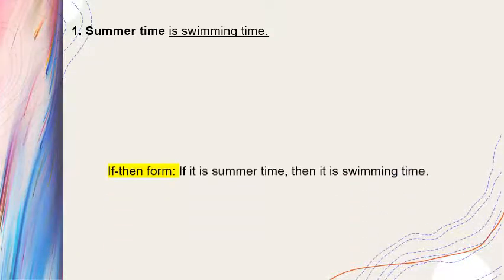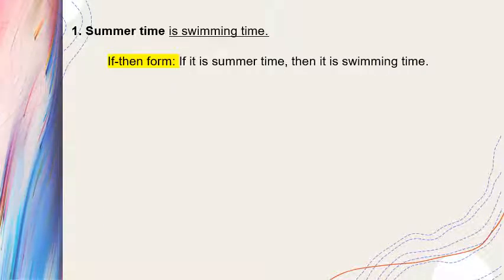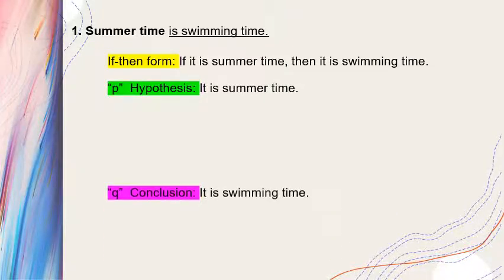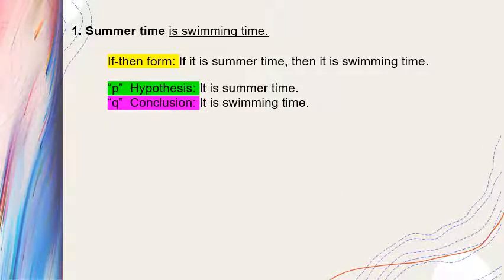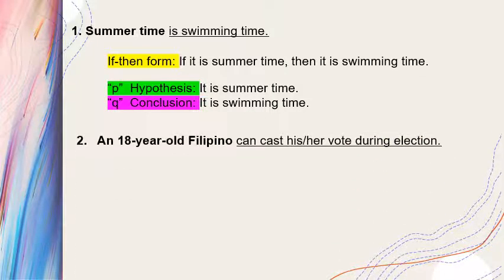And this is the example. Number 1, summertime is swimming time. You're going to write that in if-then form: if it is summertime, then it's swimming time. The hypothesis, or P, is it is summertime. Then Q, or the conclusion, is it is swimming time. For number 2, an 18-year-old Filipino can cast his or her vote during elections.